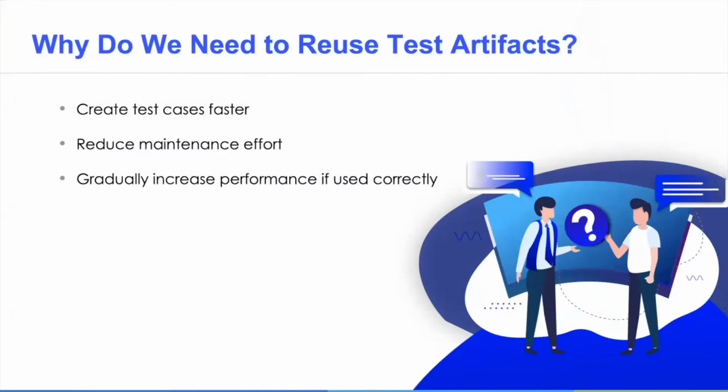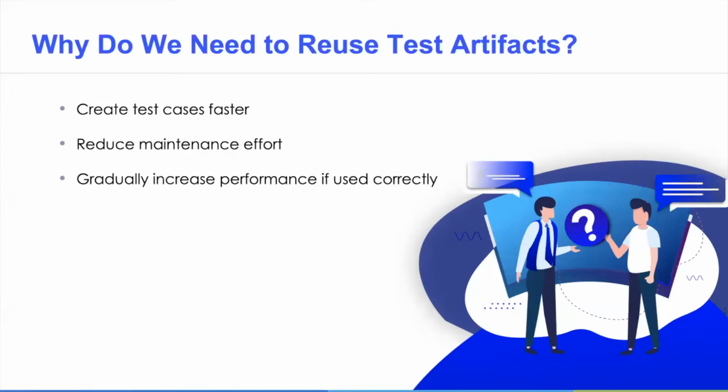Because if you are a QA or a developer, there's no one that wants to write the test case over and over and over again for one simple step, right? So we always need to find a way to reuse test cases to make another test case much faster.